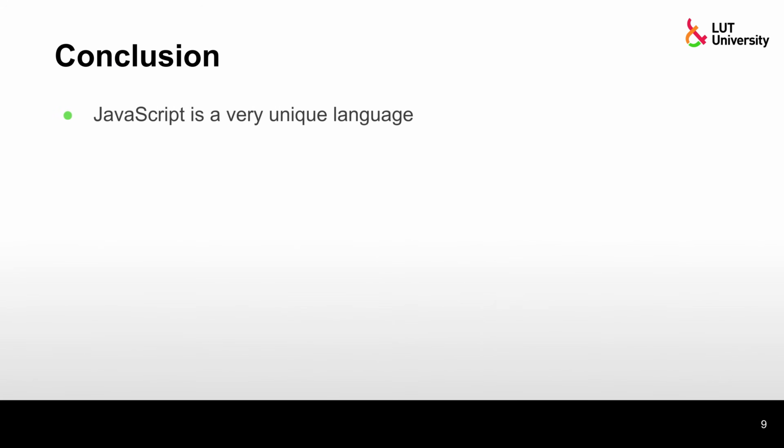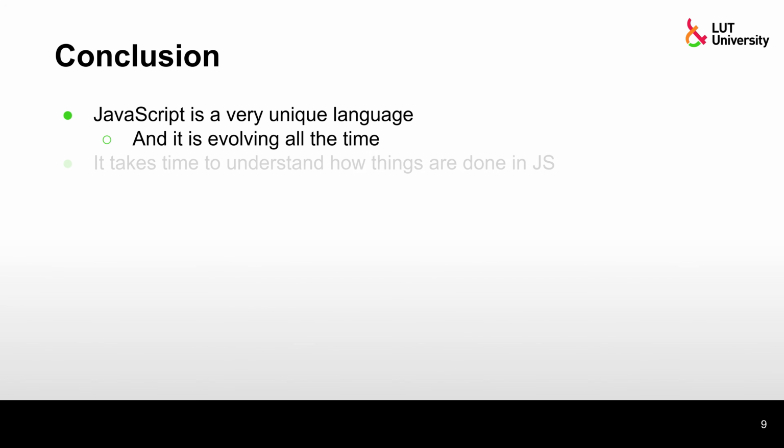So as a conclusion, JavaScript is a very unique language. It has features that do not exist in Java or PHP or Python or C, especially not in C. And it is evolving all the time. So these new features are popping in almost every year, and then you can use them once you have learned them.